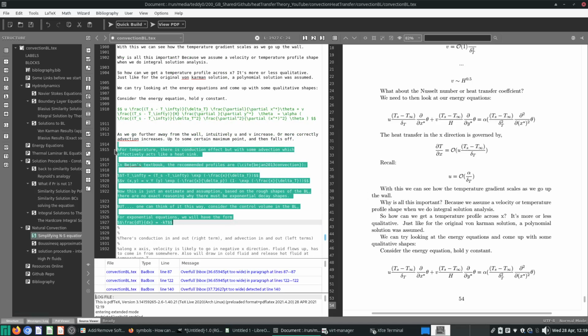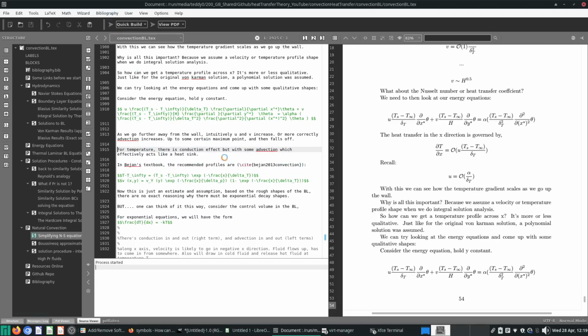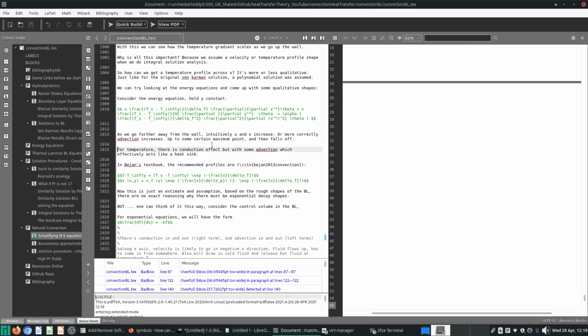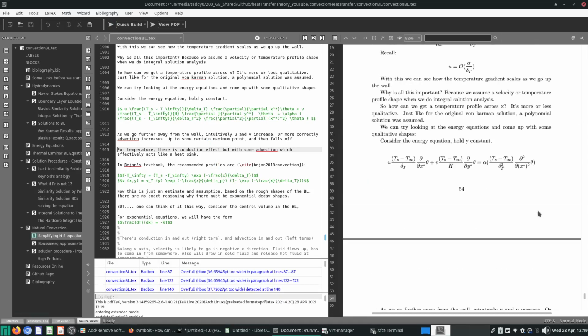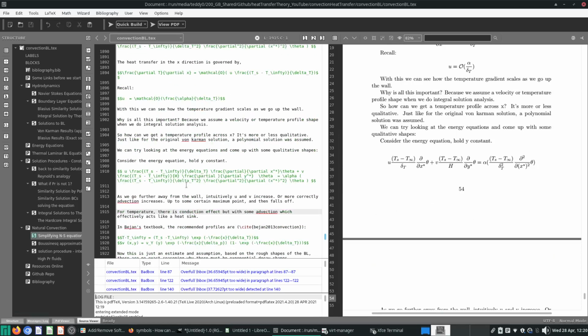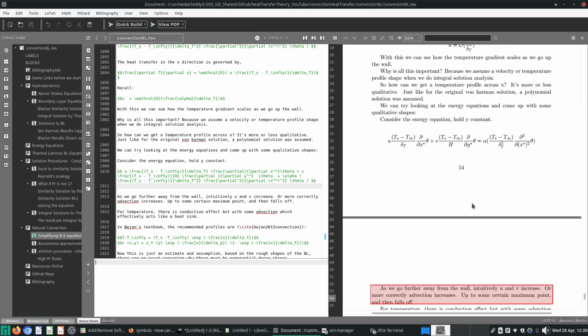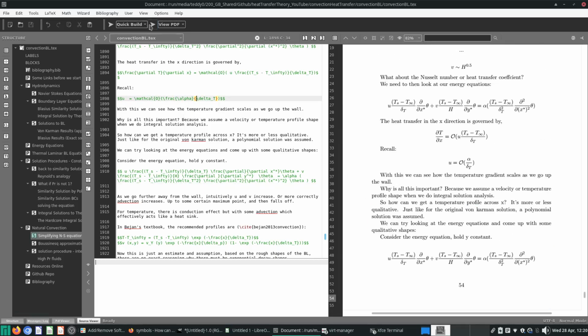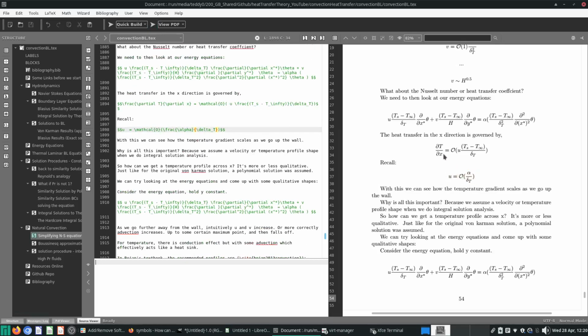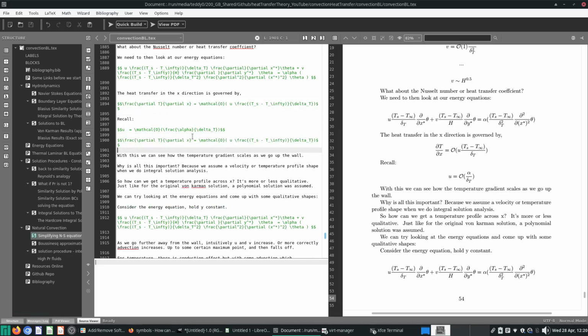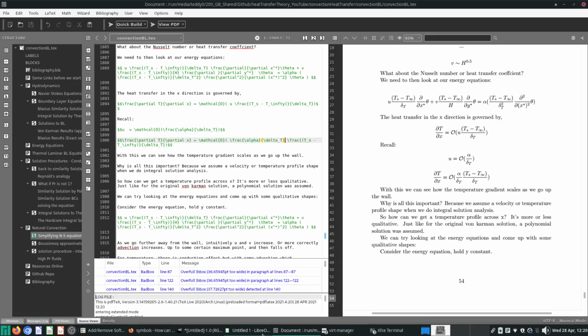Okay, U scales as alpha over delta T, so this is how the thing scales along the y direction. I'll copy and paste it here, and what do we have?